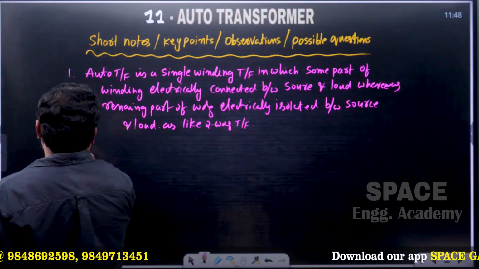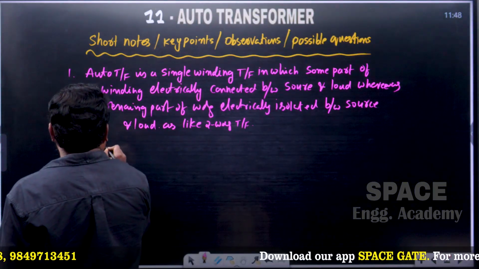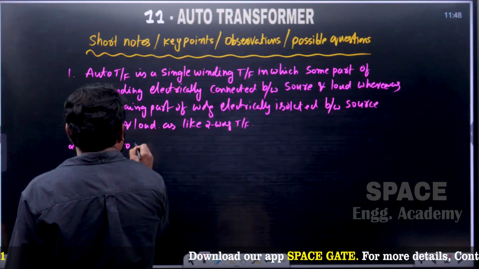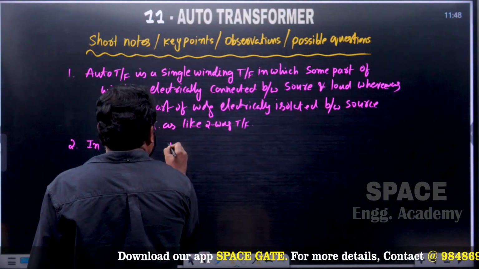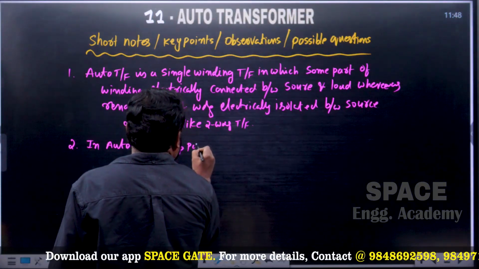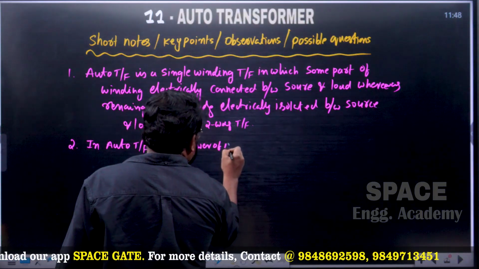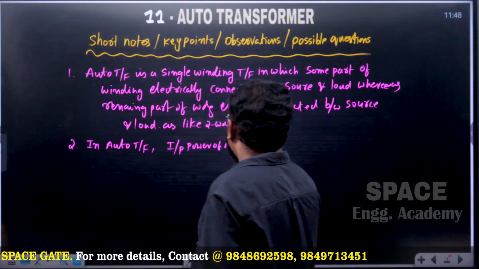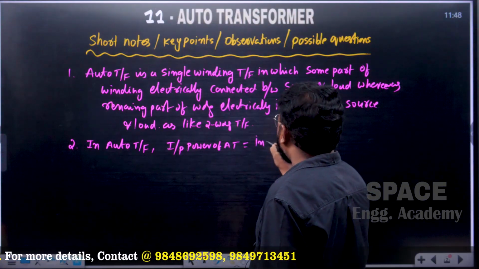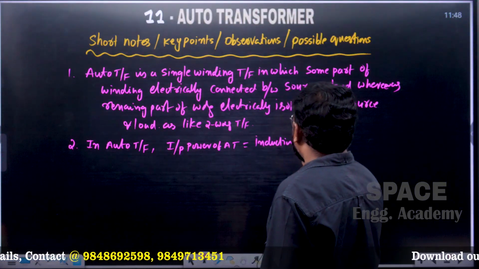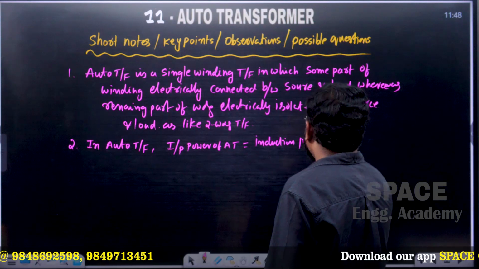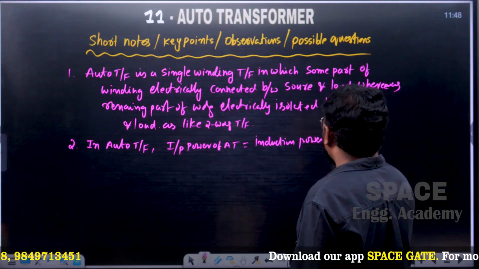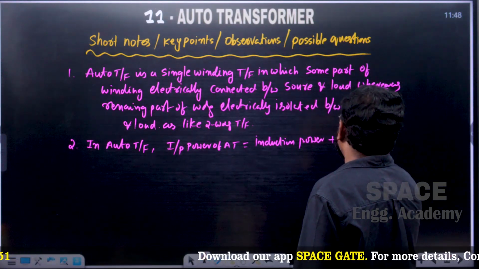And next, in auto transformer, the input power of the auto transformer is equal to the induction power plus the conduction power.